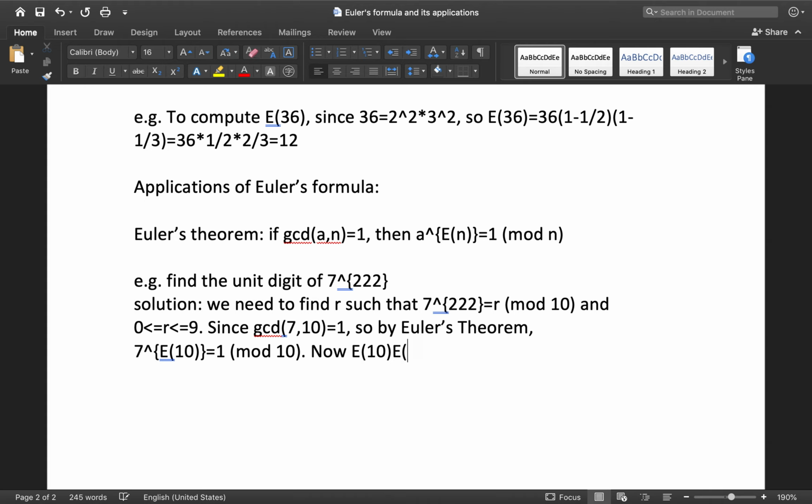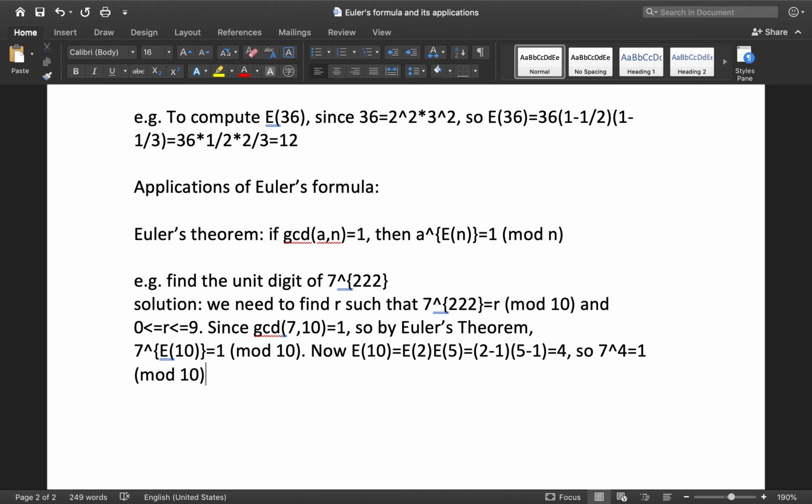This is equal to φ(2) times φ(5). You can use the formula, whatever you like, (2 minus 1) times (5 minus 1), and that exactly gives you 4. So we know 7 to the power 4 equals 1 modulo 10.